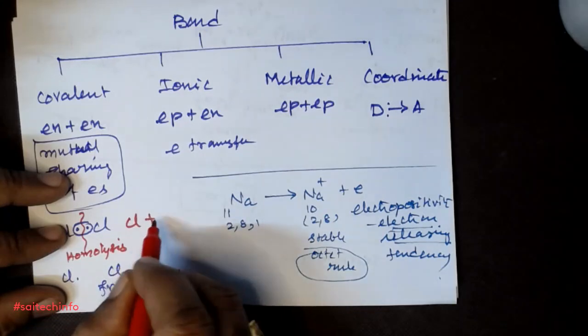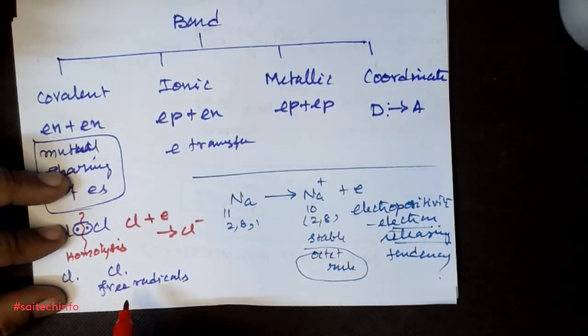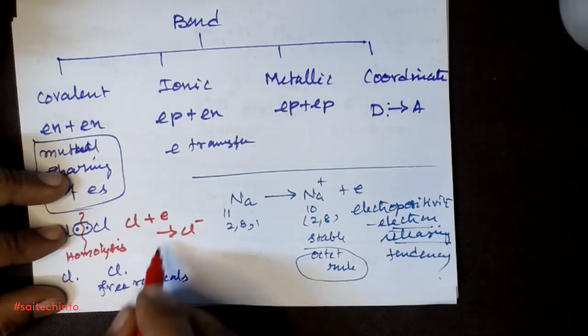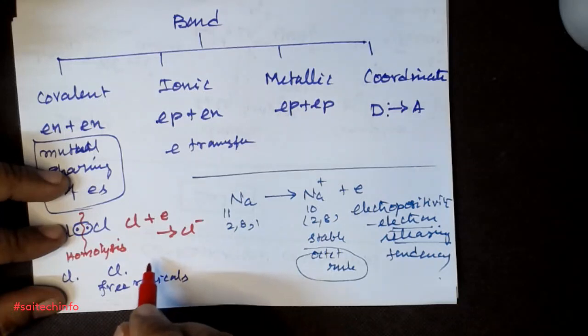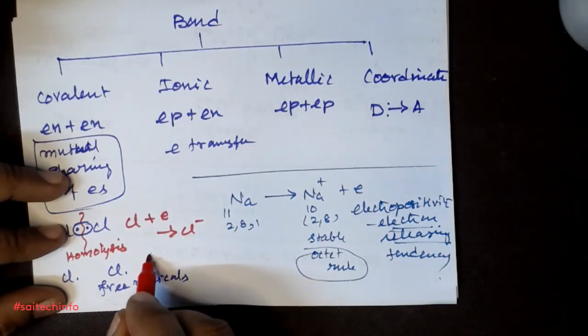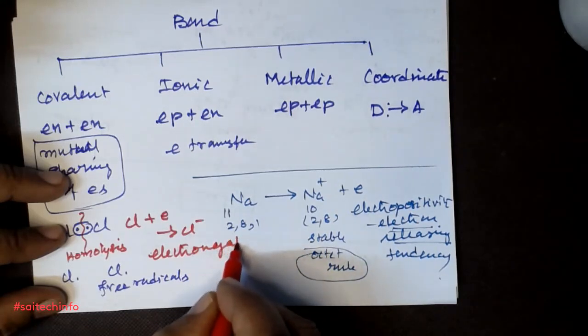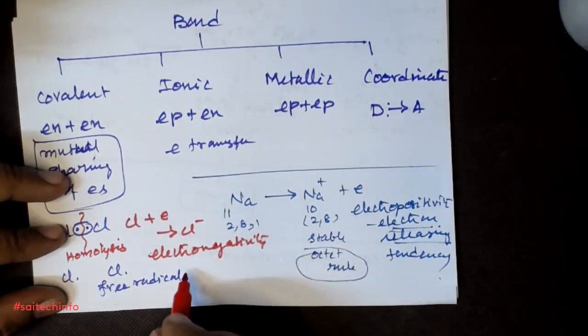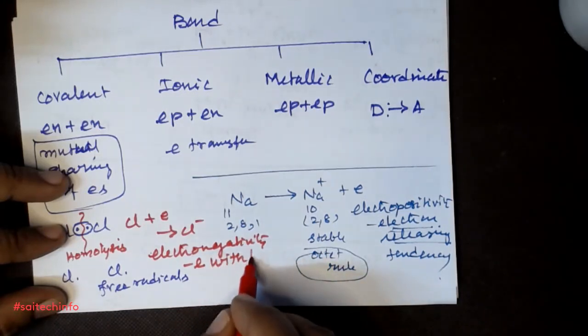it can take the electron to become Cl minus. Are you able to follow? This tendency of taking electrons, that is withdrawing electrons, is called electronegativity. So what is electronegativity? Take down: electronegativity means electron withdrawing tendency.